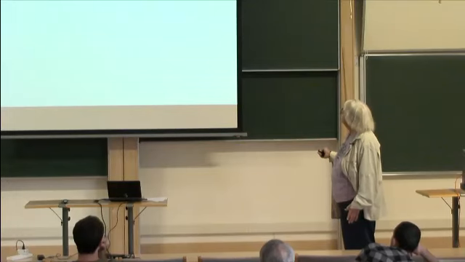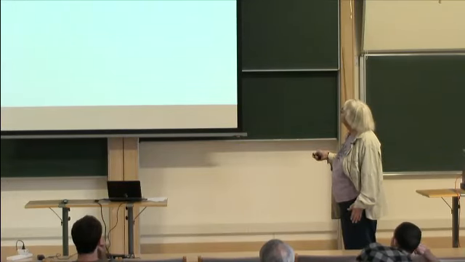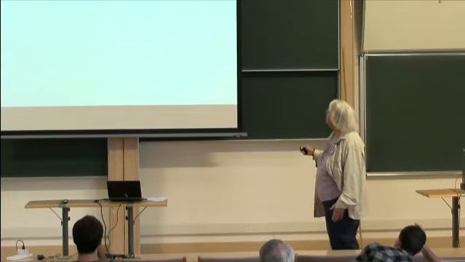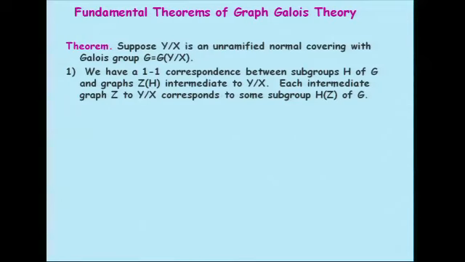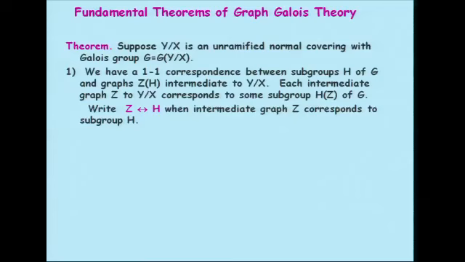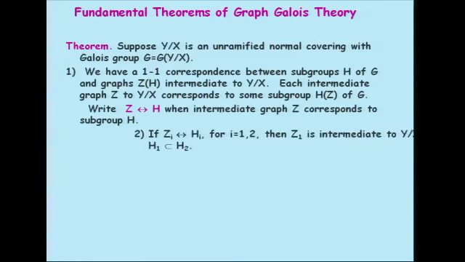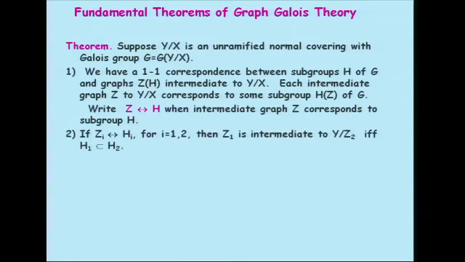So you get the fundamental theorems of Galois theory, as you might expect. If you have an unramified normal cover with Galois group G, there's a one-to-one correspondence between subgroups of G and graphs, which we're calling Z of H, intermediate to Y over X. And each intermediate graph corresponds to a subgroup H, and you have all the usual properties, namely if you have a couple of these and the subgroup Hi corresponds to the Zi, then Z1 is intermediate to Y over Z2 if and only if H1 is contained in H2.